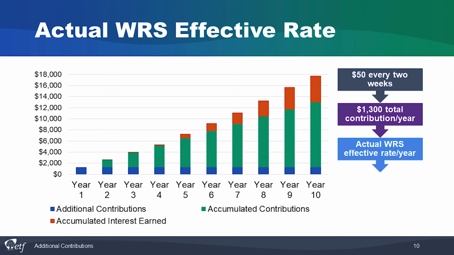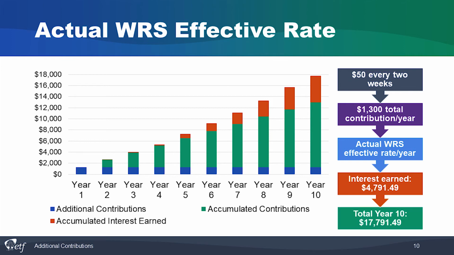Again, because the deposit was made with post-tax money, it is tax-free when you take it out. The interest gained is $4,791, which is the taxable portion of the benefit. All said and done, the member would have a lump sum balance of $17,791. Again, not too shabby for a small investment made over a period of time.